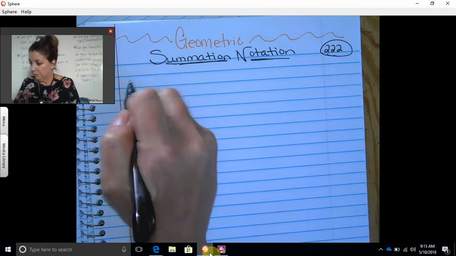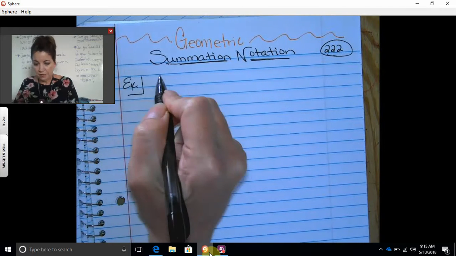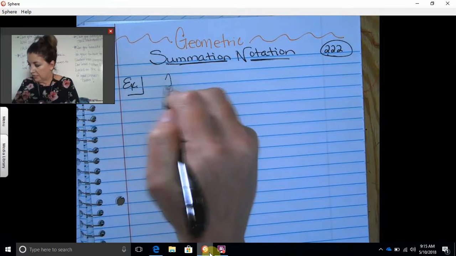First example. Find the sum of the series.